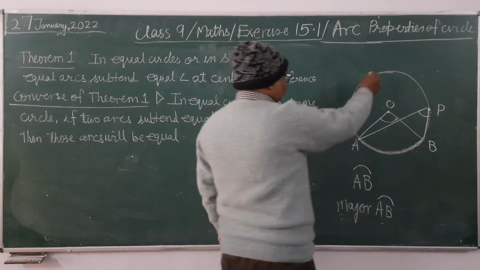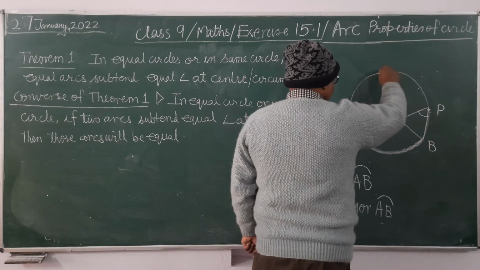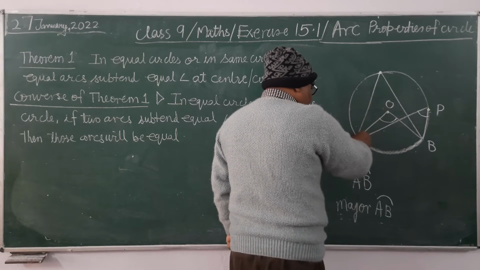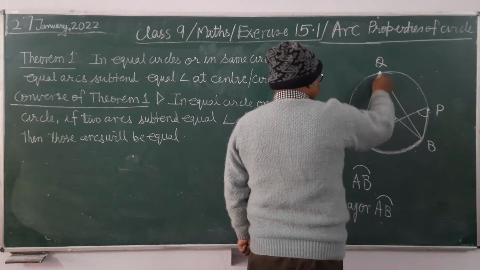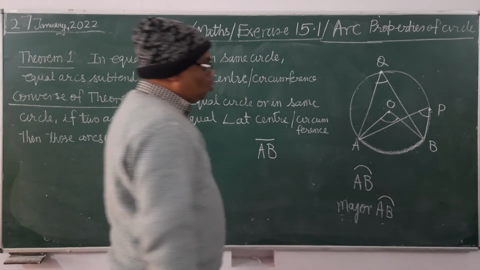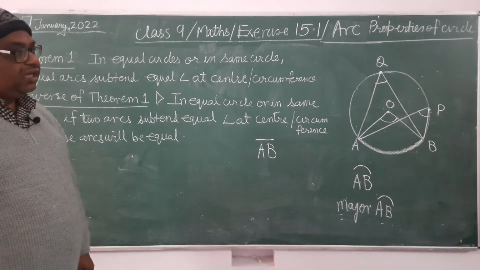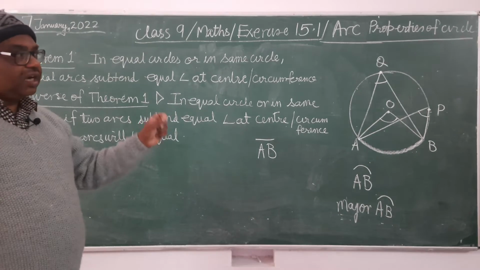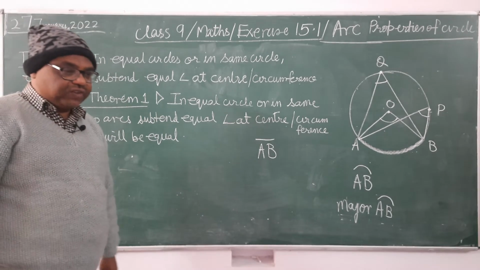If you take this point Q here, what is the angle subtended by arc AB at the circumference? It will be this angle AQB. Angle AQB. It's clear? This is the angle subtended by arc AB at the circumference.